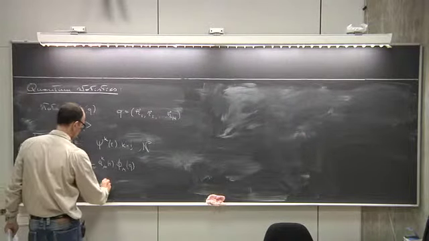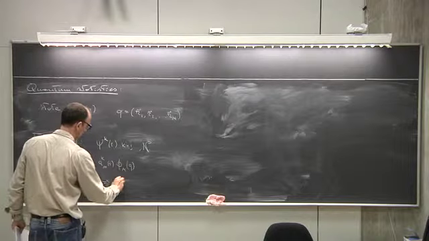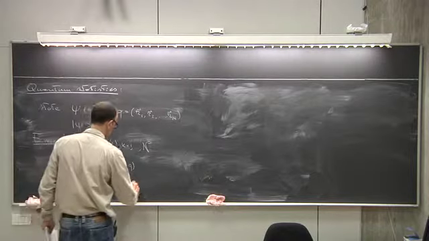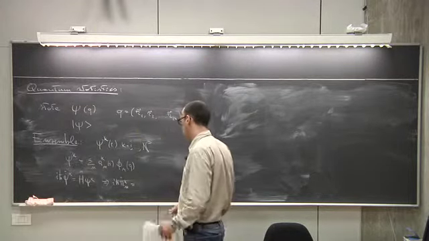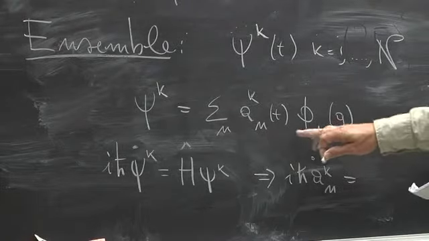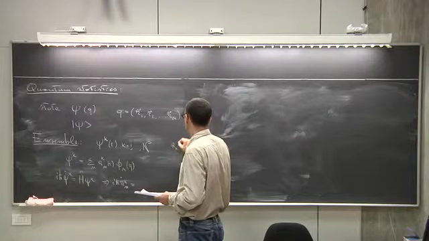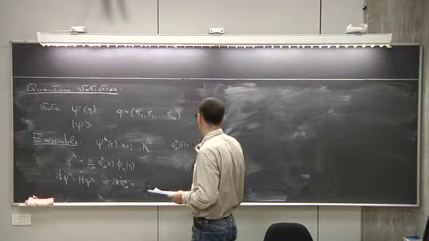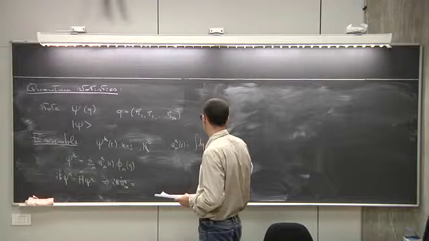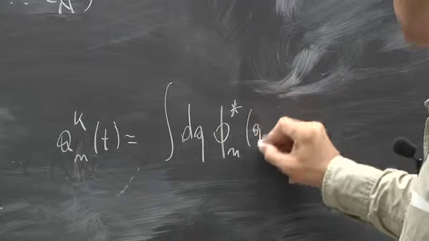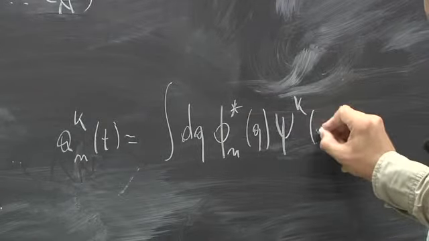Then this implies that iħ times the time derivative of a_kn will be equal to, since this a_kn of t, I can write it as the integral dq of phi_n star of q times psi_k of q and t.